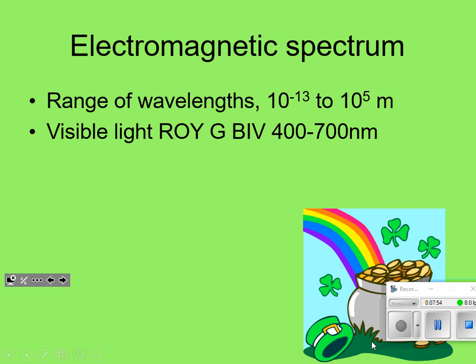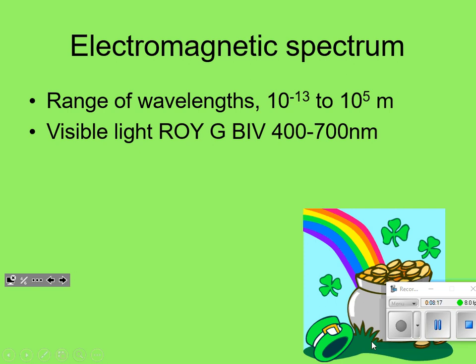Some of that light that's given off by elements we can see. If we can see it, it's called visible light. I'm hoping you know what Roy G. Biv means. Roy is red, orange, yellow, G green, blue, indigo, violet for the Biv. These are the visible forms of light.